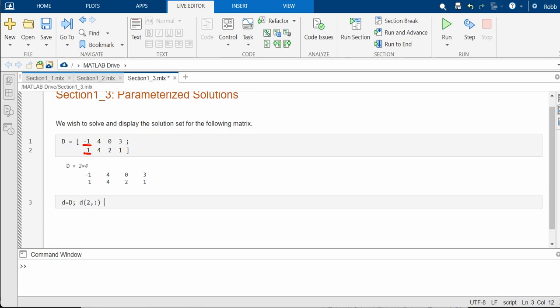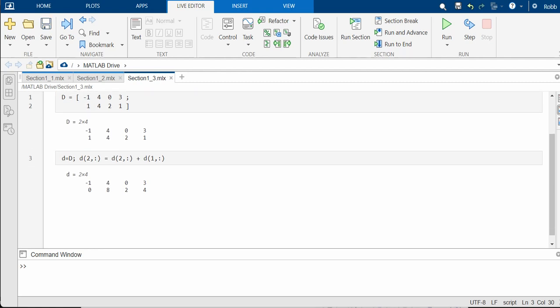And I'm going to take row 2 and replace it with itself plus row 1, right? If I add the -1 and the +1, I'm going to get a 0. And so I'm going to replace row 2 with the sum of itself and row 1. And again, sorry, I usually put some spaces in here just to make things visually easier to see. And I'll get rid of the ink. So we're going well so far.